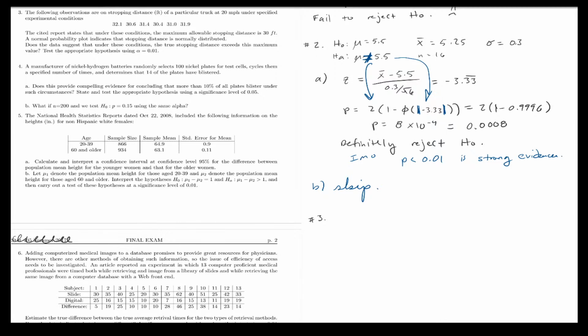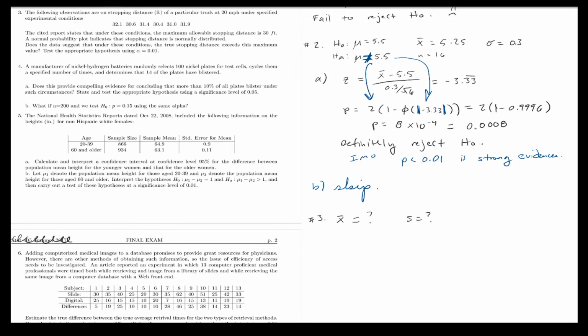Well, basically, we have to calculate x bar and s ourselves. So x bar equals what? S equals what? So I need to calculate the average and the sample standard deviation. I'm going to add these values together, 32.1 plus 30.6 plus 31.4 plus 30.4 plus 31 plus 31.9 divided by 6 observations, 1, 2, 3, 4, 5, 6.